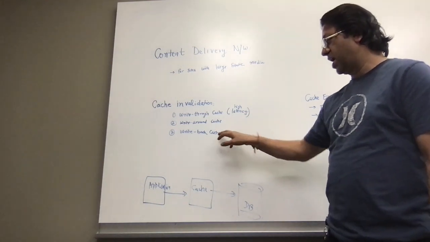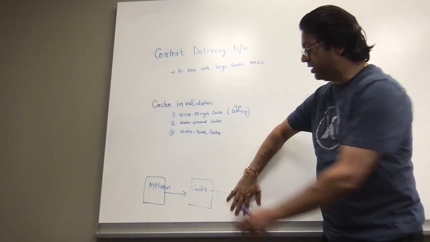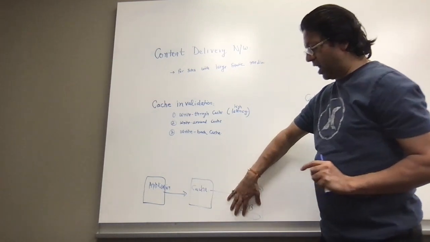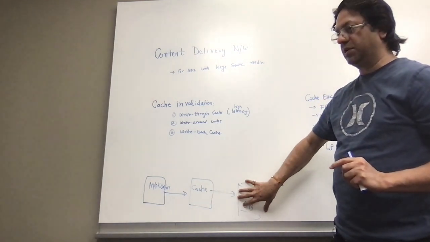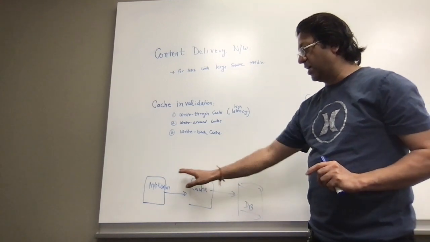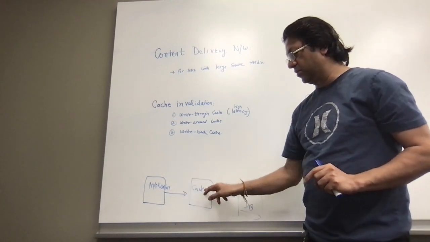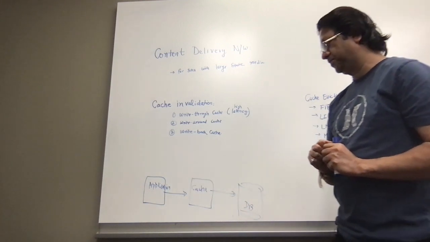In the write-back cache, you write directly to the cache, and later on you write onto the database. As we can see, it's pretty fast, because you are just writing quickly to the cache and returning success to the application.